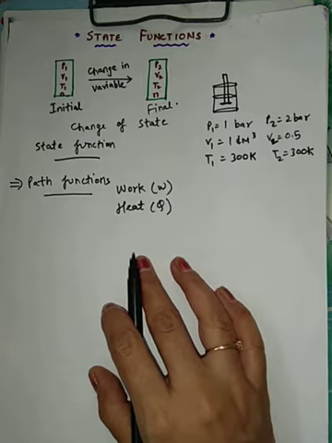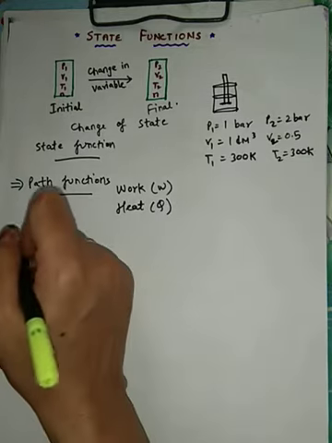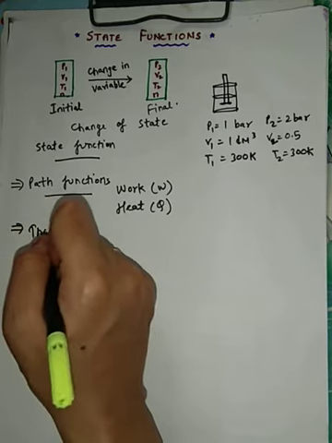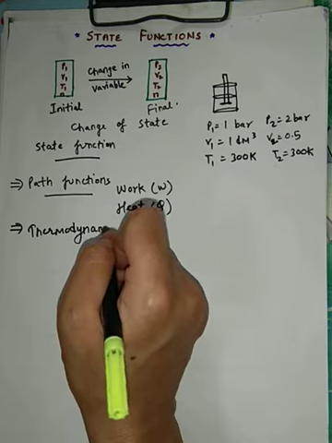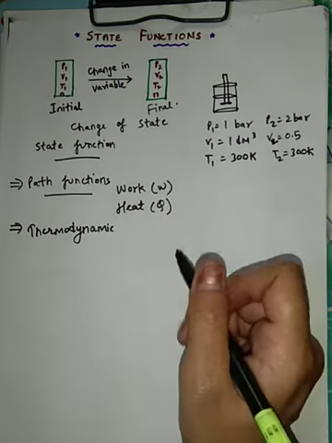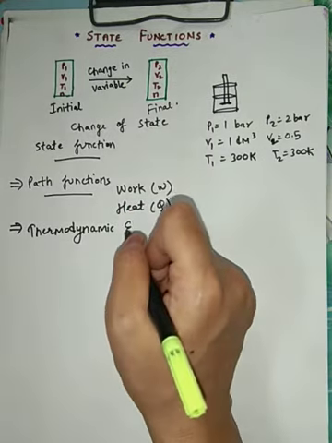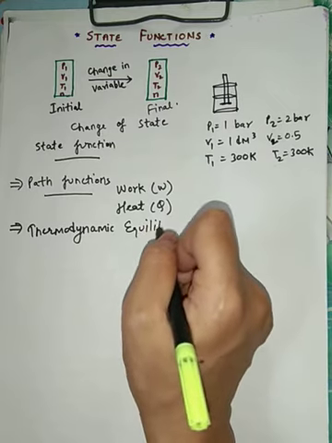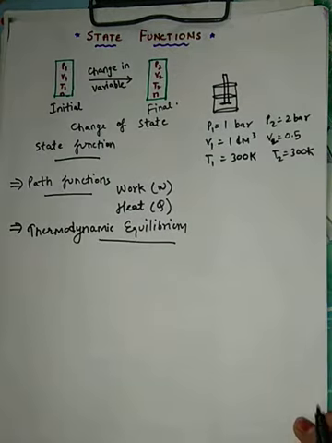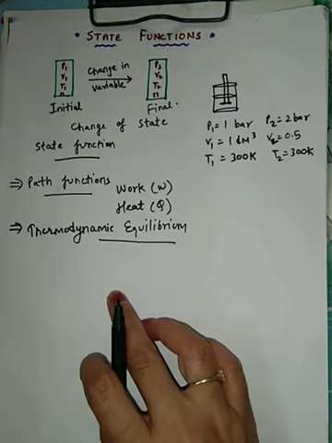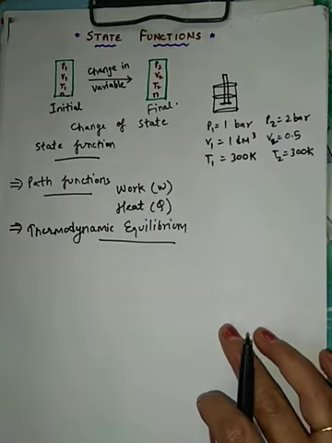Correct. Now we come to another term called thermodynamic equilibrium. We have seen the meaning of thermodynamic, now we come to what we mean by thermodynamic equilibrium. हमने बोला इनिशियल स्टेट ये है और ये फाइनल स्टेट है.